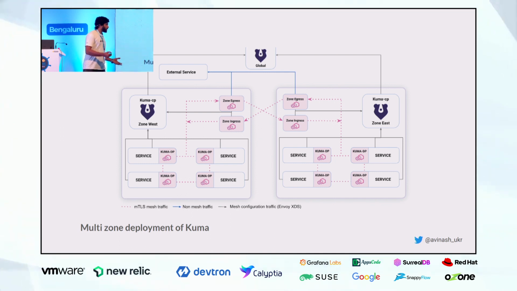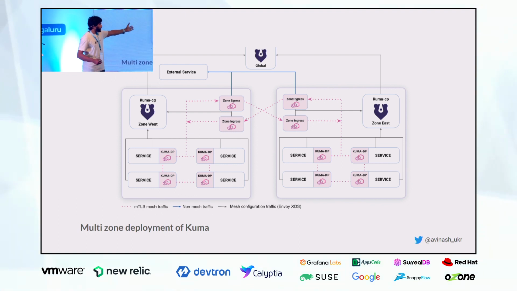But in a multi-cloud environment or a multi-cluster environment, we have this concept called a global control plane that is responsible for communicating with all of the various clusters or clouds. So in Kuma, the cluster or cloud provider is abstracted as a zone. So in this particular diagram, we see there are two zones.